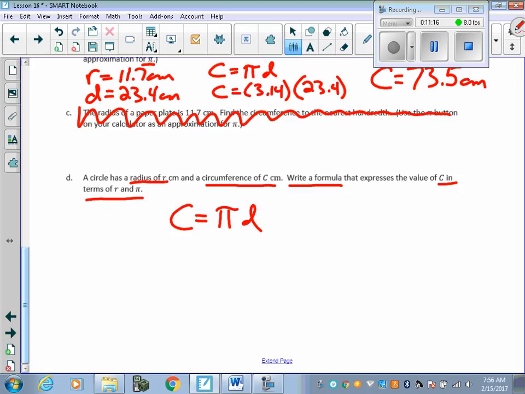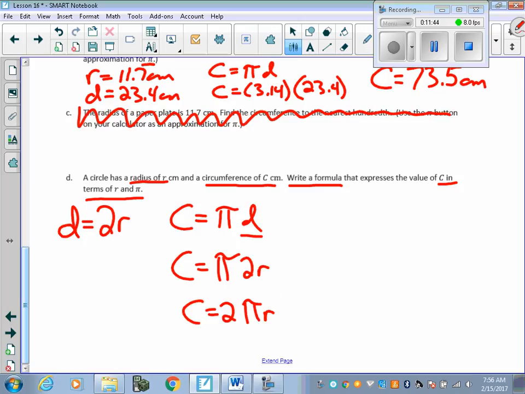Remember, how many radii does it take to make a diameter? The diameter is twice as long as the radius, so multiply 2 times r. So here, instead of putting the d that we have here, we're going to replace that d with 2r. I just don't like the way that looks, and that's not popular. So we're going to do c equals 2 pi r.